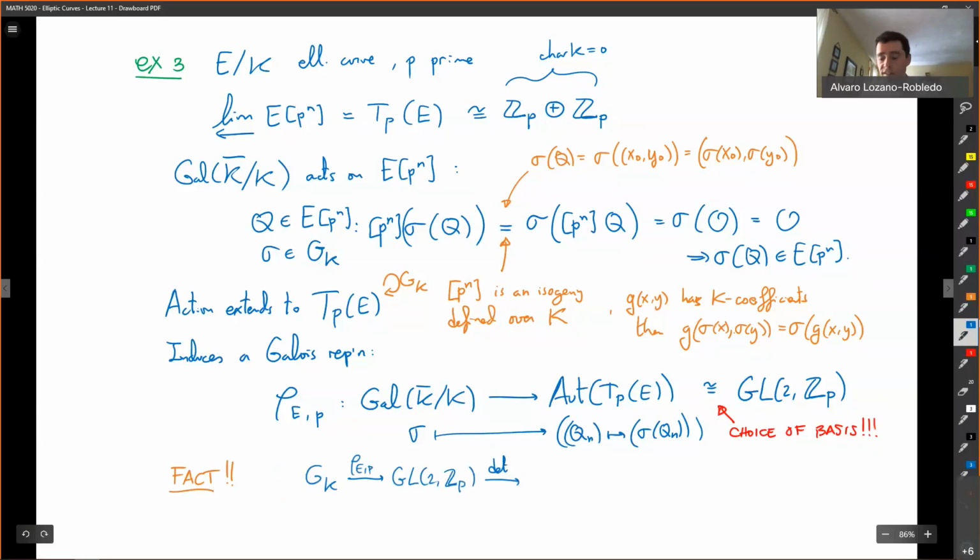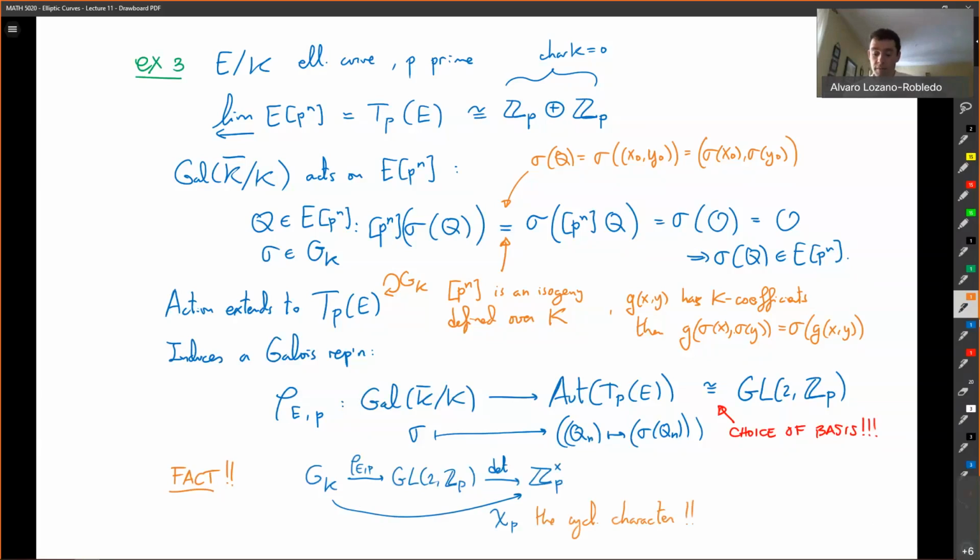That's another group homomorphism. The possible determinants are units in Z_p, and this map turns out to be chi_p, the cyclotomic character. Okay, so that's nice, that map from the Galois group to Z_p cross is something that we know. It's the cyclotomic character. Okay. All right.